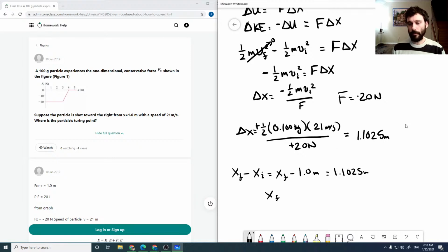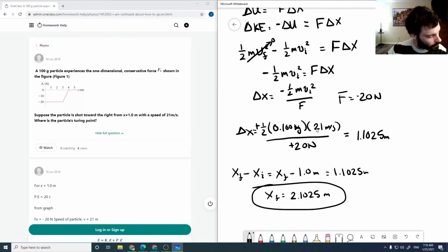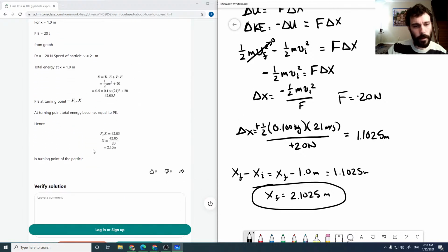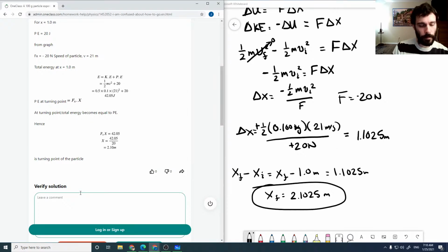And so our xf is 2.1025 meters. And we can check it doesn't surpass the 3 meters, so all of our assumptions for our force are validated. If it had, we'd have to go back and do some extra stuff, but we don't need to. So that's our turning point. 2.10 is our turning point, so that looks good.